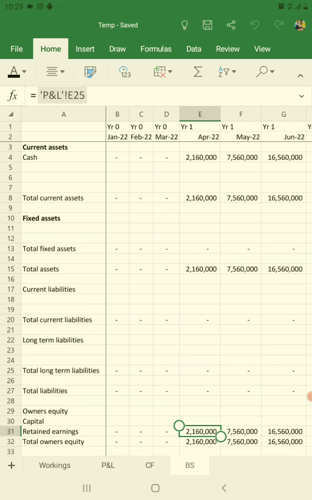So that's the difference between profit and loss and cash flow statement, which are flow statements, and balance sheet is a stock statement, a snapshot of transactions as captured as at a specific date.